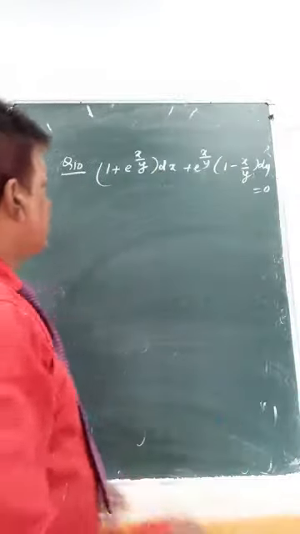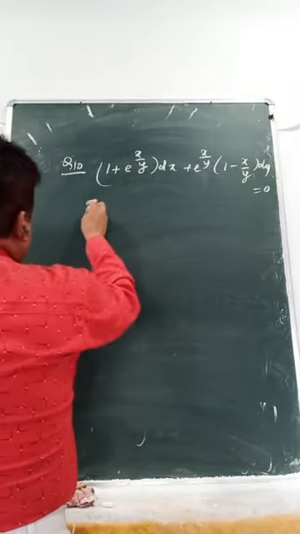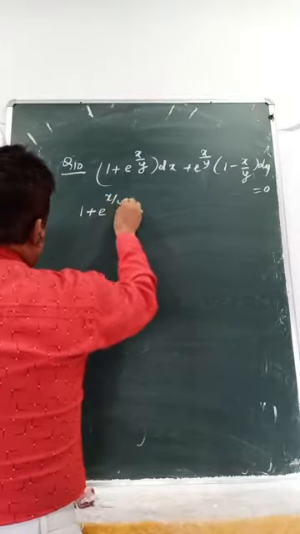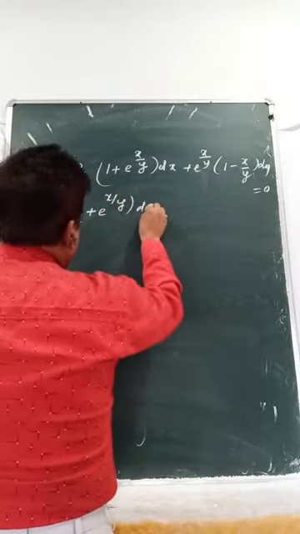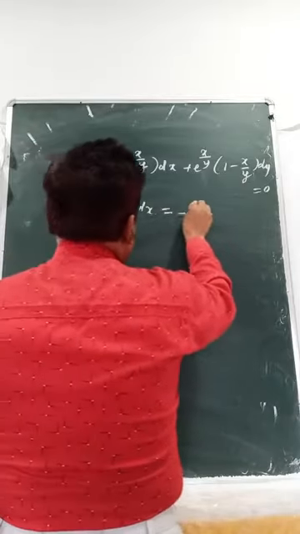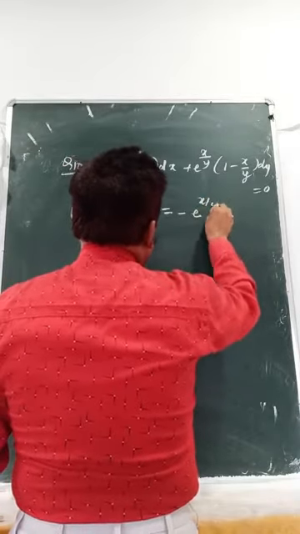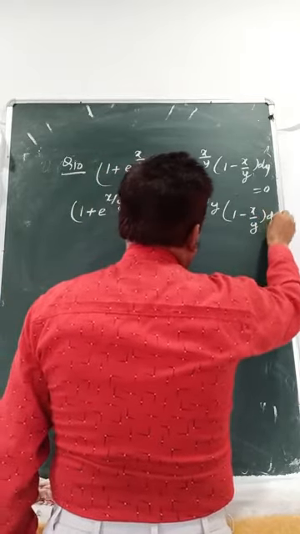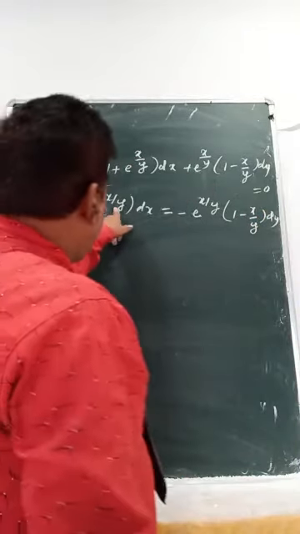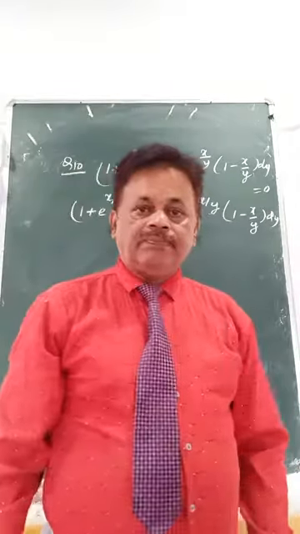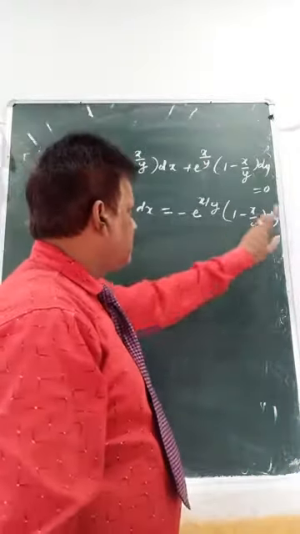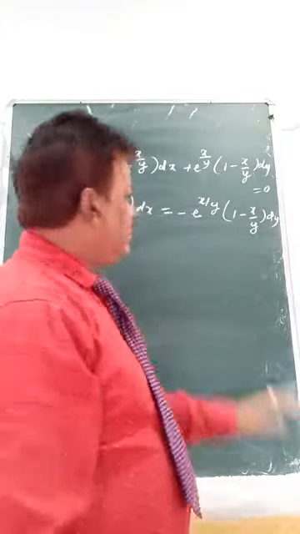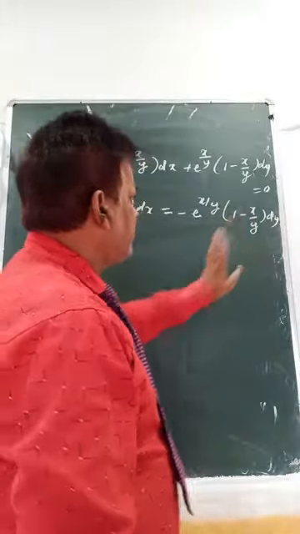Different in the sense, you write (1 plus e to the power x by y) dx is minus e to the power x by y (1 minus x by y) dy. When you find a term in x by y form, it is understood it is a homogeneous equation. So you will not find dy by dx, you will find dx by dy.